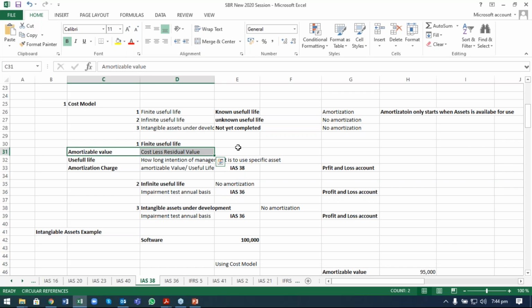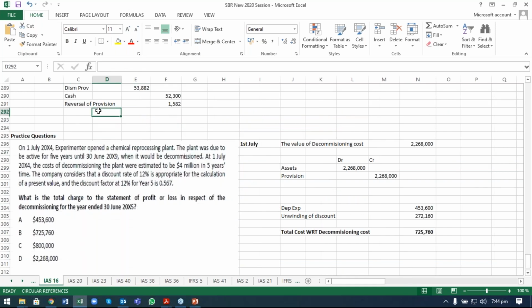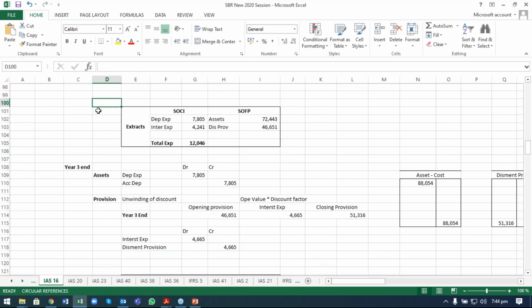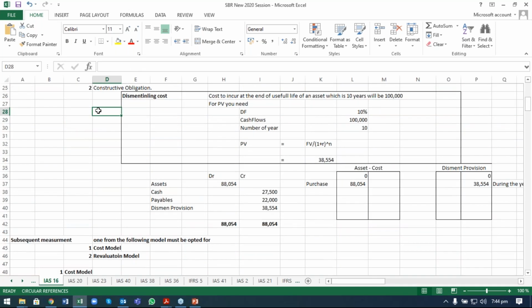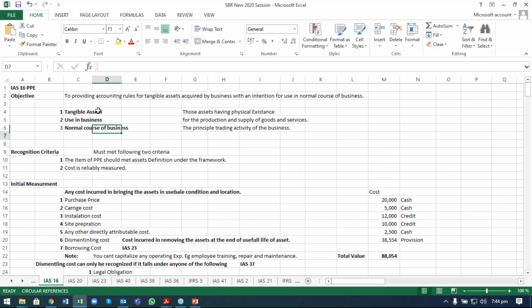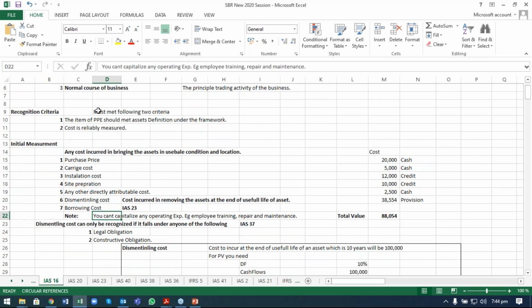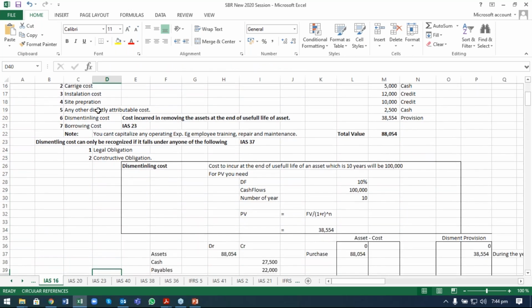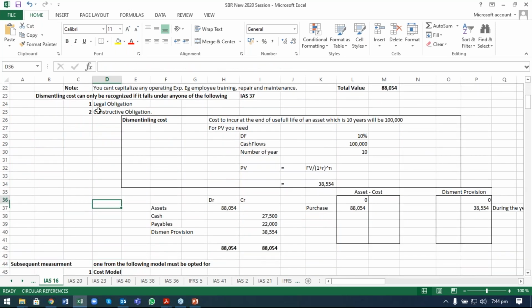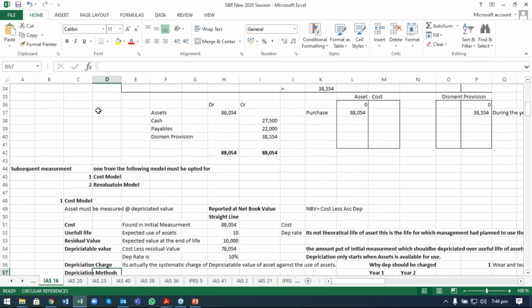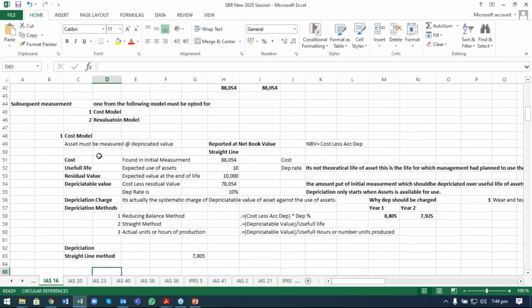One more thing, you have to understand the meaning of useful life and the actual life of an asset. I'm just giving you an idea from this section of how you can differentiate between the useful life and the actual life of an asset. For depreciation purposes, you must consider that life.